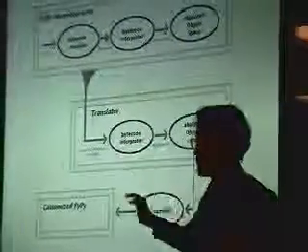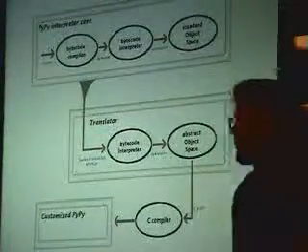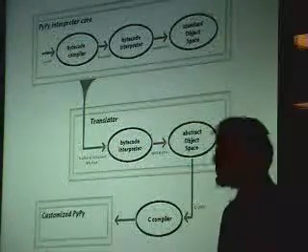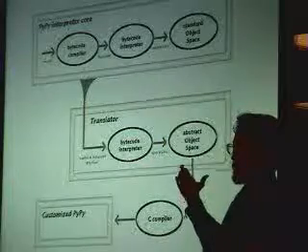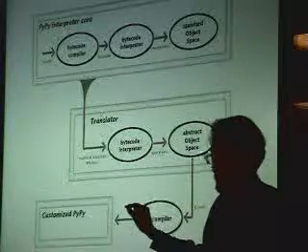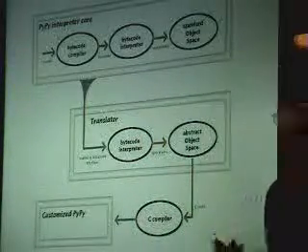I feed this Python program to this other box, which happens to use a Python interpreter, which is convenient. That's a coincidence. And by doing abstract interpretation instead of concrete interpretation, you can actually perform specialization.